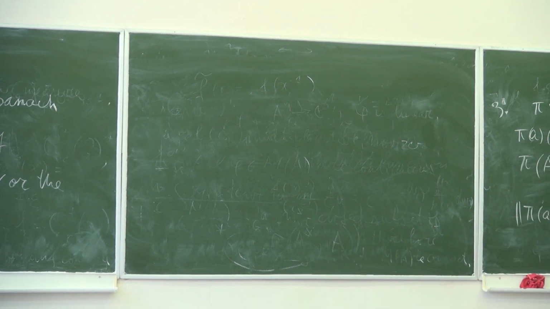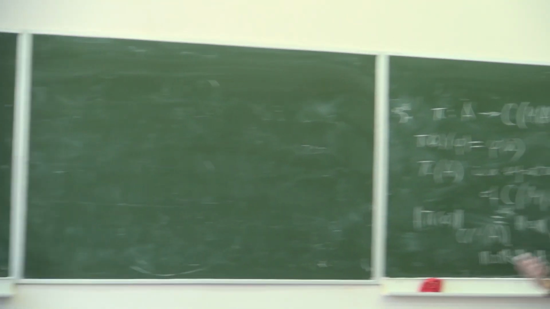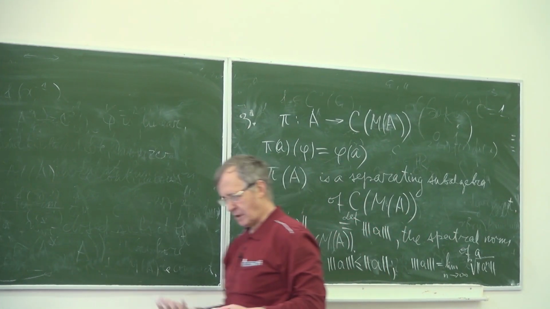So what is important is that in this setting, when we have a unity in our Banach algebra, this Gelfand space, the spectrum, is compact.